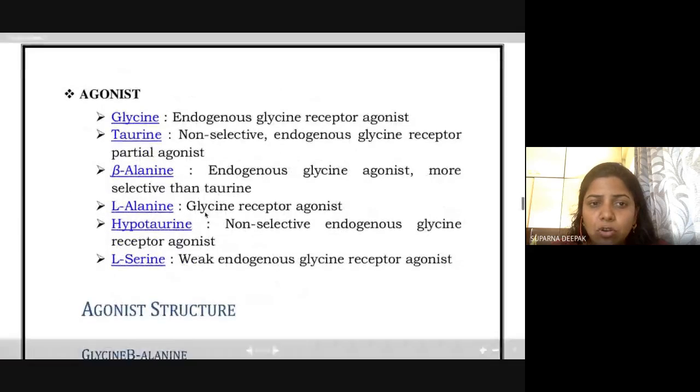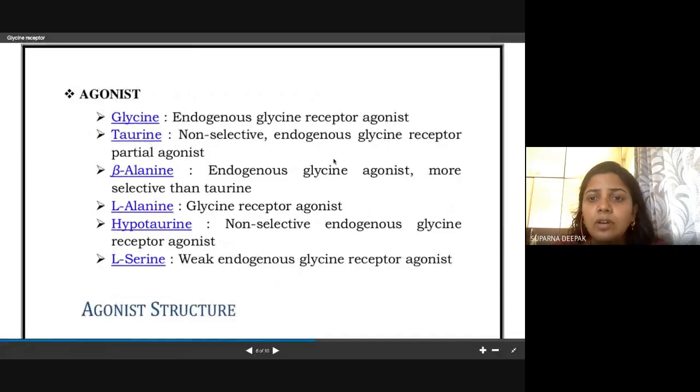So these are your agonists. You have taurine, which is one of the partial agonists. You have beta alanine, which is again acting as an agonist. Beta alanine, L-alanine, hypotaurine, L-serine, these are all agonists.